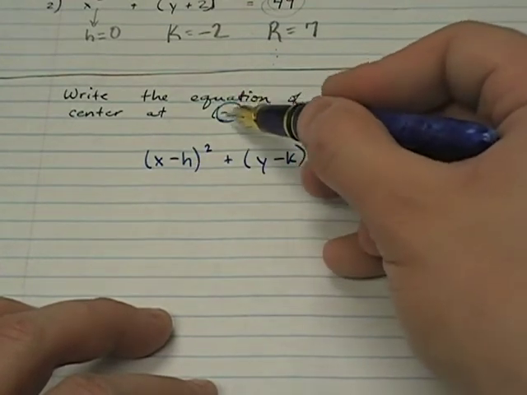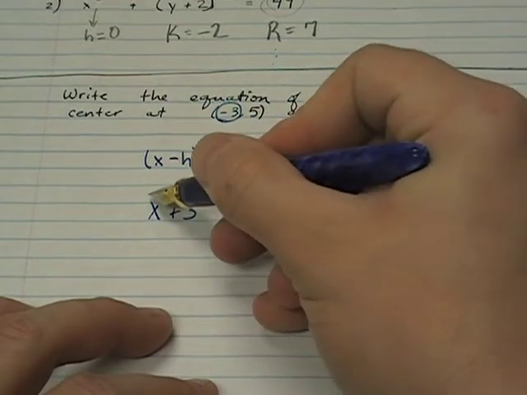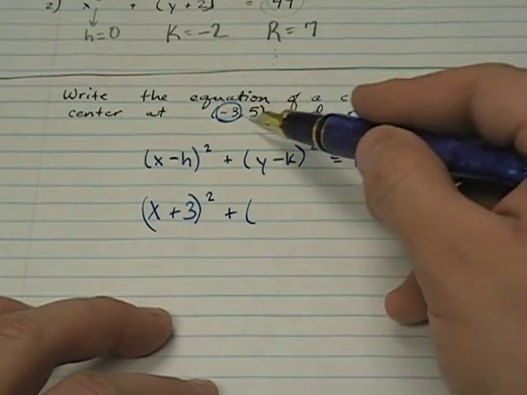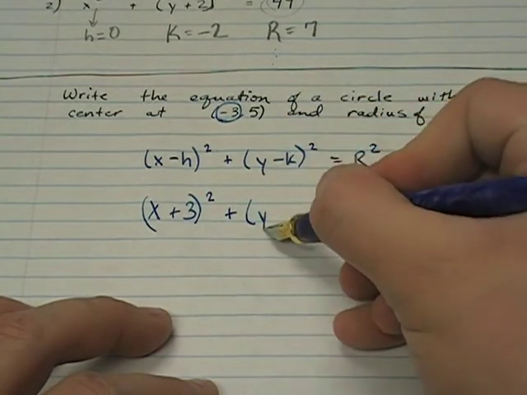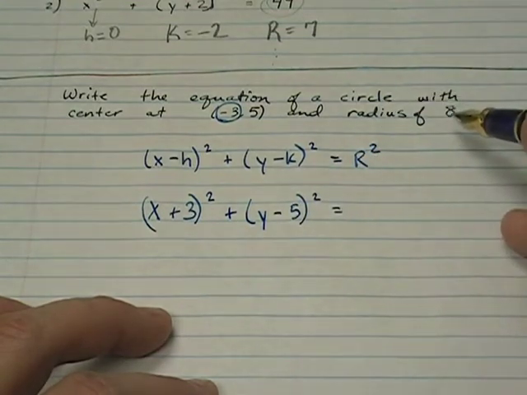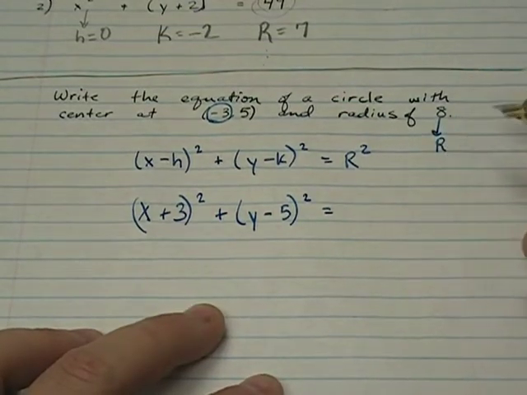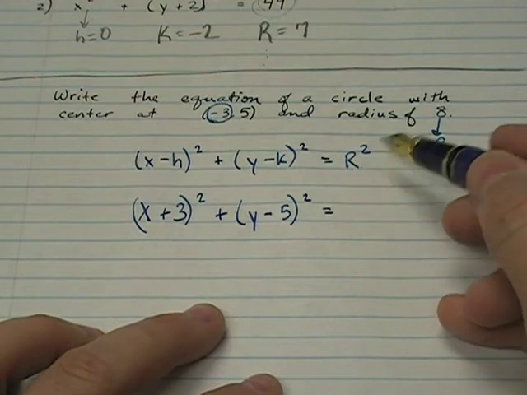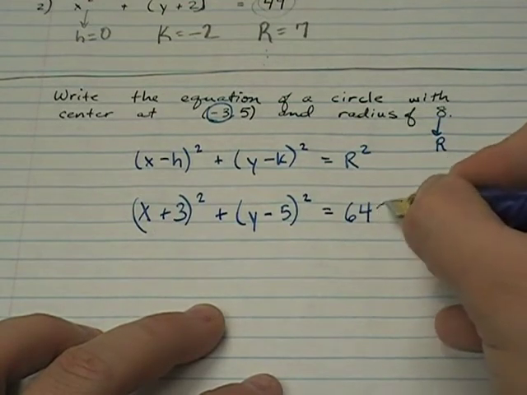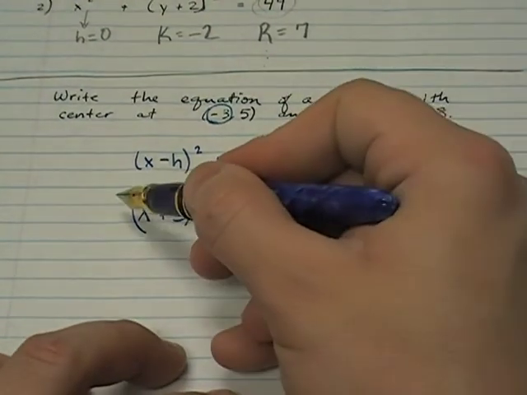So instead of putting negative 3 here, we're going to put positive 3. And this value is positive 5, so we're going to change that sign and put negative 5. And then the radius was 8. So this is r. Well, I don't need r, I need r squared. So what is 8 squared? 64. So this would be our equation.